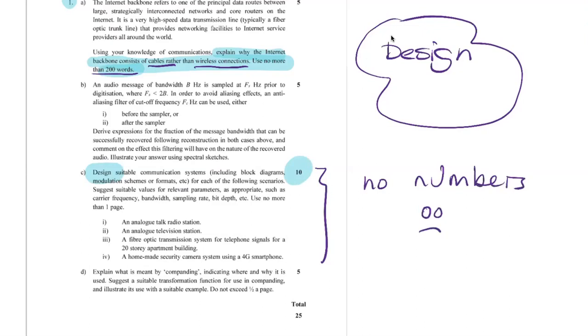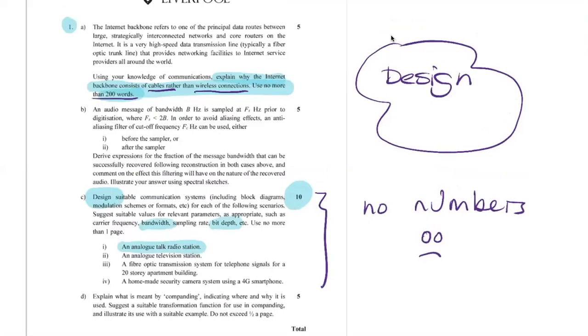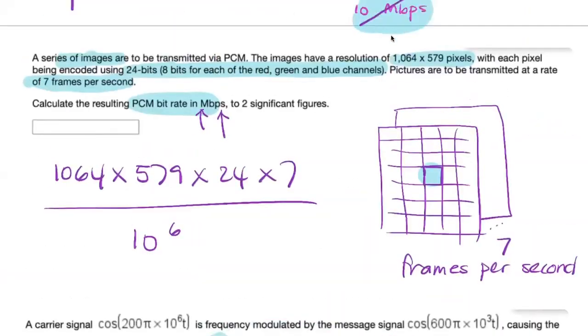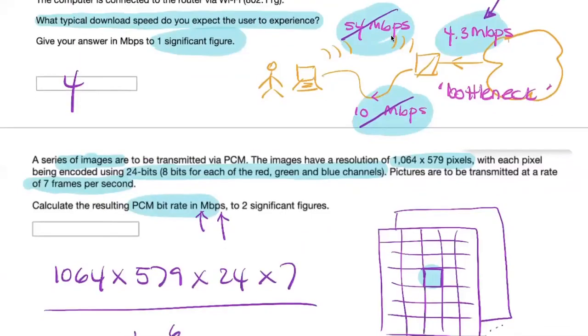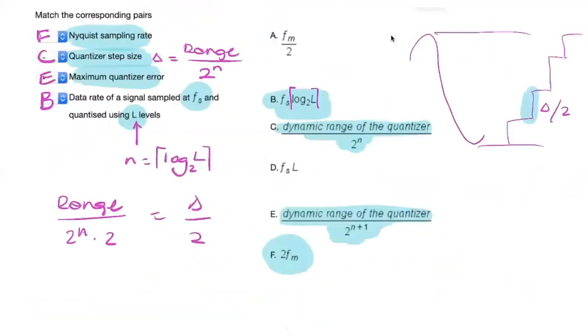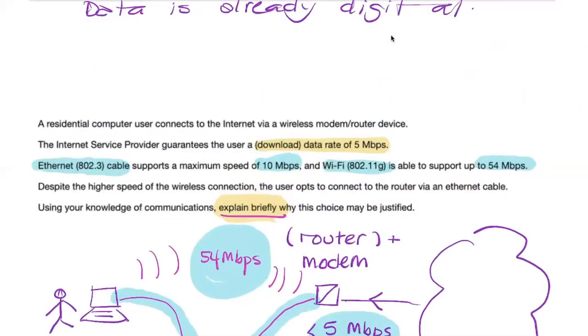And many people are uncomfortable with that, okay? If you don't have numbers, how do you answer? How am I going to design an analog radio talk station if I have no numbers? What's the bit depth? What's the sampling rate? So you're used to questions where I give you everything.